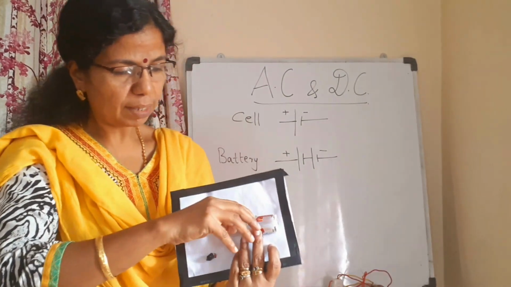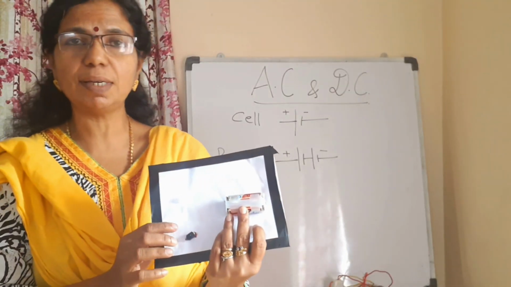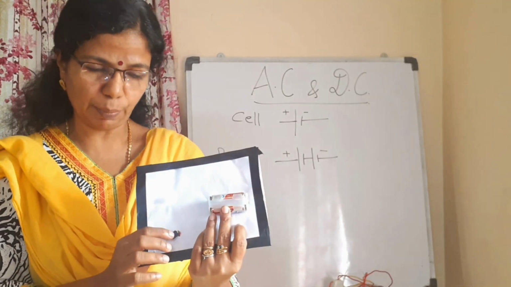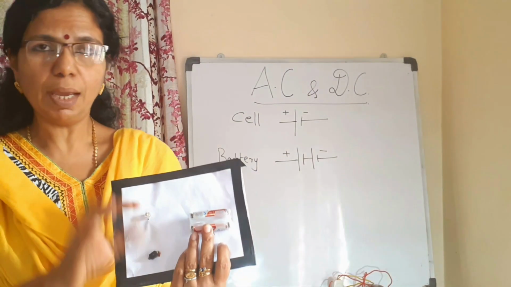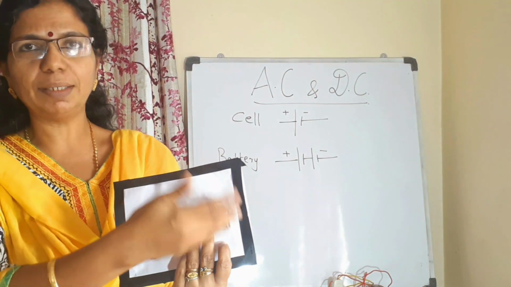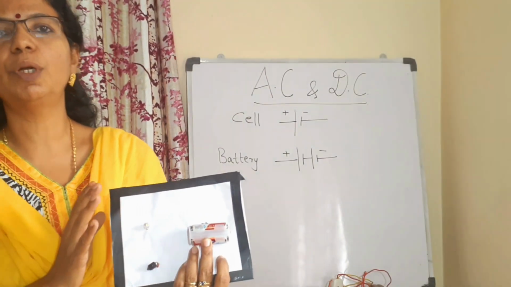That means a cell has a polarity, a positive and negative terminal, and it has to be connected the right way. If you connect it the opposite way, the voltage source will not work.